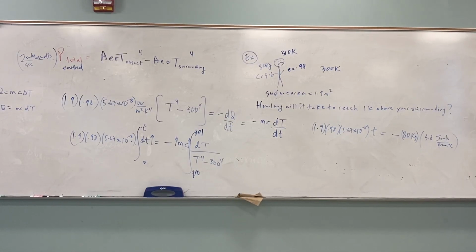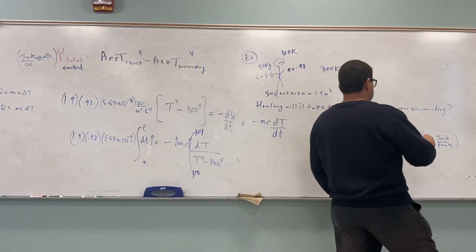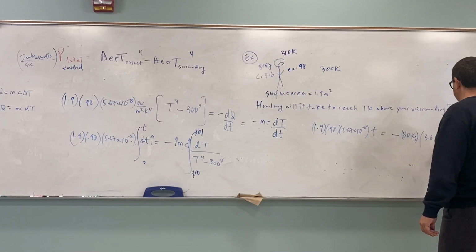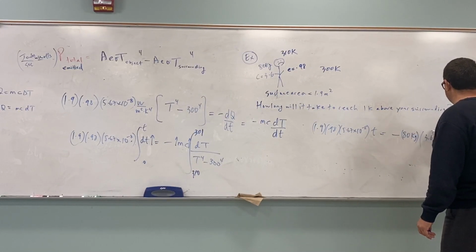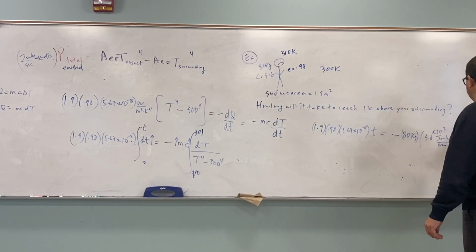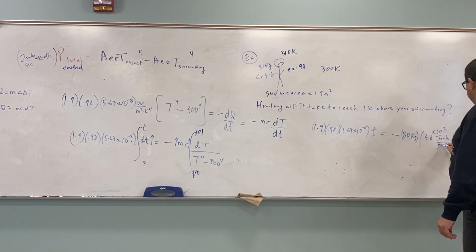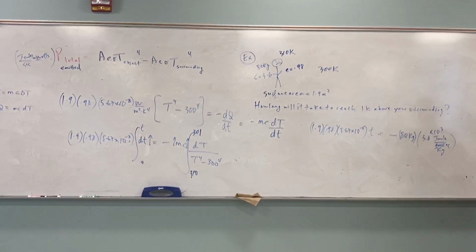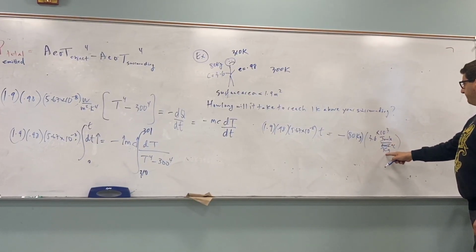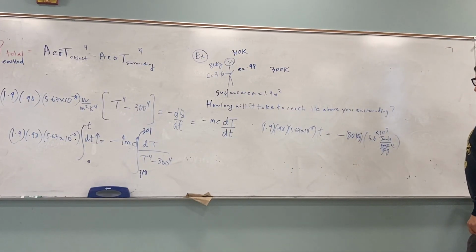If I want to keep it as kilogram to cancel the person's mass in kilogram, then I have a kilo on the top, so I have to account for that. So this is joules per gram, and this one is going to be times 10 to the third. Then I can change this to kilogram, so kilojoule per kilogram. Kilogram, kilogram cancel.